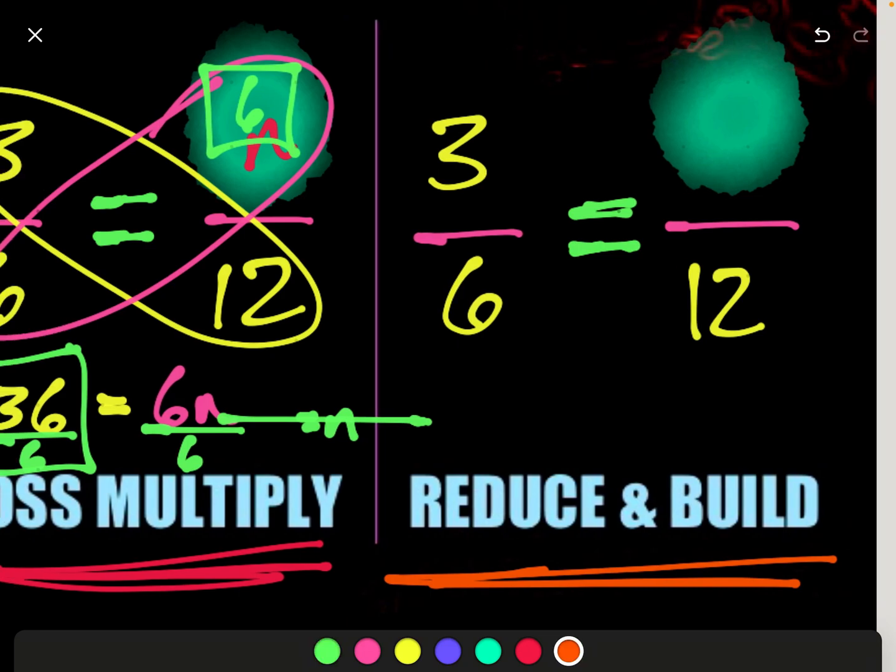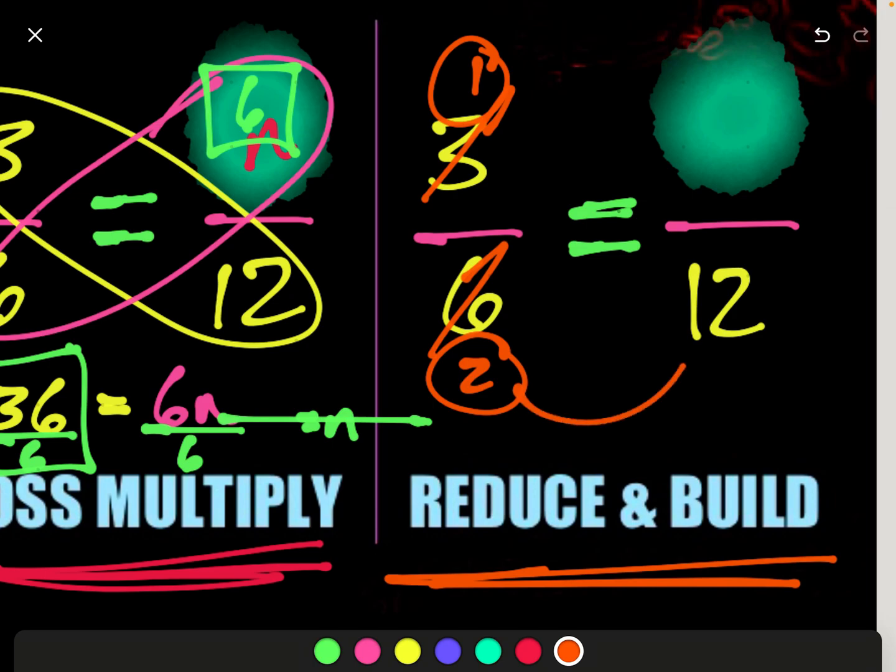Okay. Now the last one I wanted to tell you about, reduce and build up. Again, we're going to break this fraction down. If we look at that 3/6 as a fraction, we can reduce it. We can divide by a common factor of 3 on top and bottom. That makes the 3 a 1, and 6 divided by 3 is 2. And now we can build up from there. Doesn't matter from here, you can go across the river, up and down a ladder.